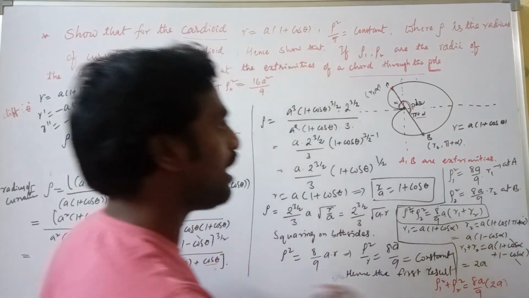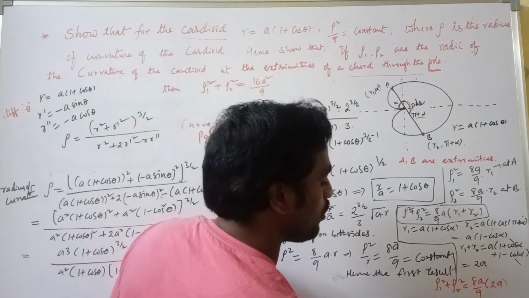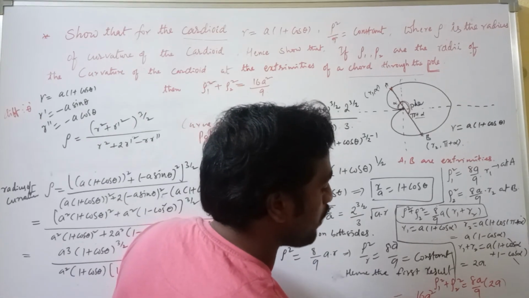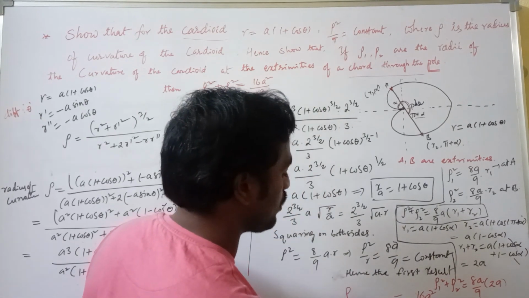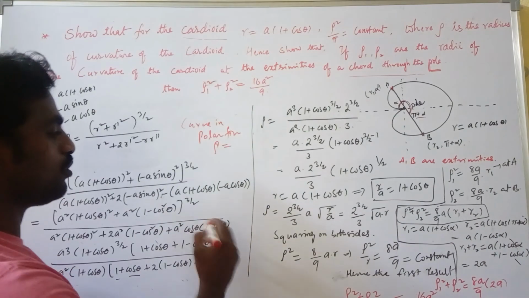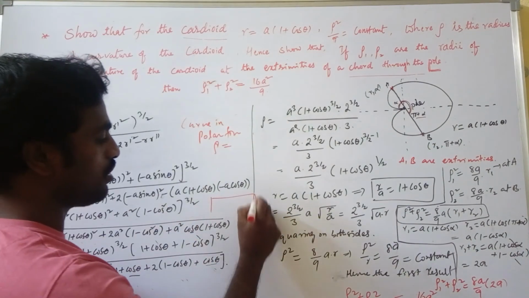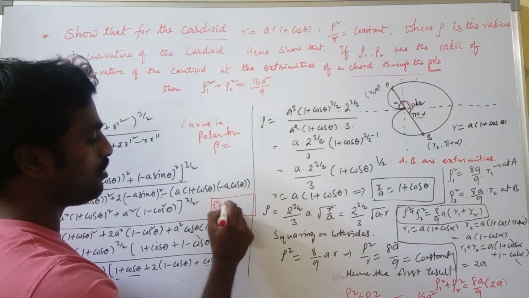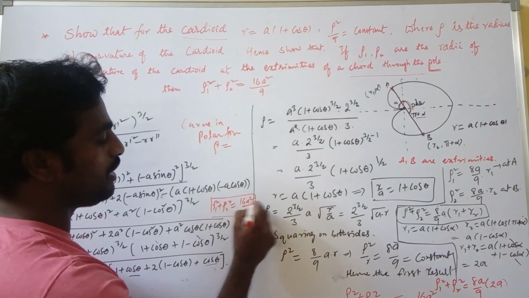So what do you get as the final value? 16a square by 9, which is rho 1 square plus rho 2 square. Rho 1 square plus rho 2 square is equal to 16a square by 9.